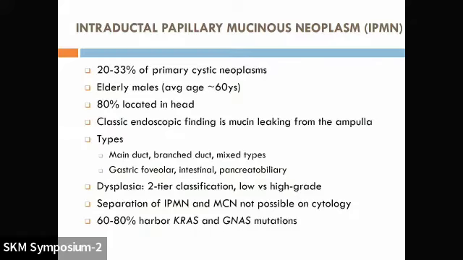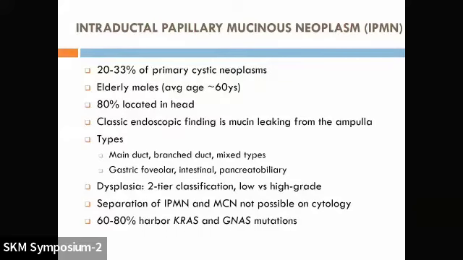IPMNs can be classified based on their location. They can be either main duct type, branch duct type, or mixed type, or they can also be classified based on the histological features of the epithelium. So they can have epithelium that can be gastric foveolar type, intestinal type, or the pancreatobiliary type. Evaluation of dysplasia is essential whenever you encounter a case.